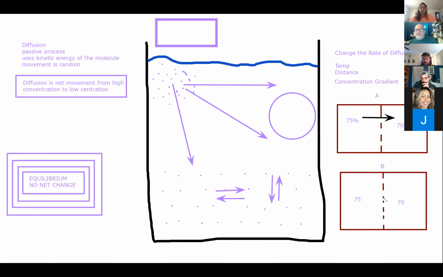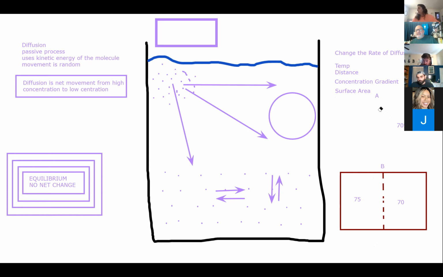Are both going to diffuse at the same rate? No. Which one does faster? B. B, right? This is an example of that term we used before, surface area. By putting more holes, we have more surface area for the material to be able to pass through, right? So more exchange can take place.